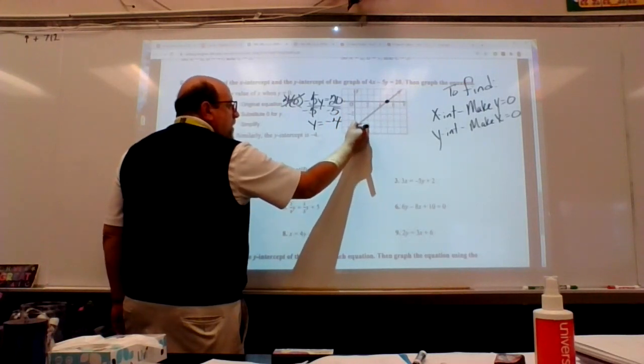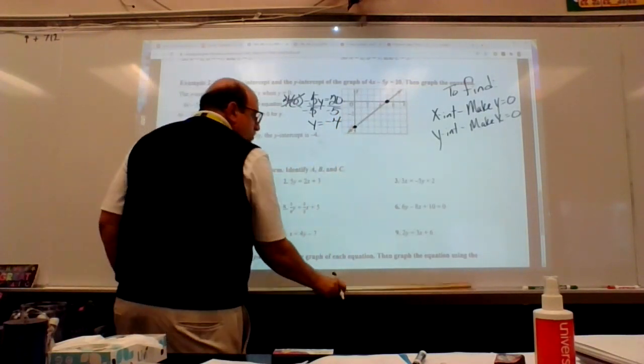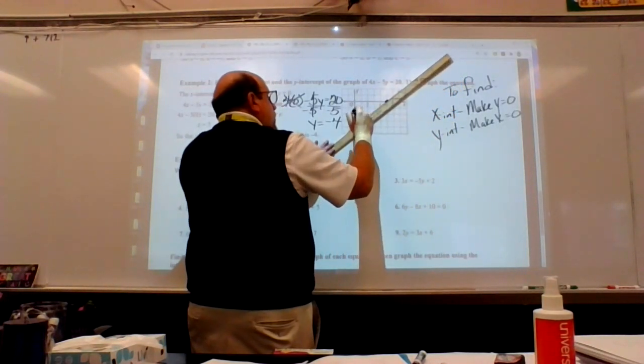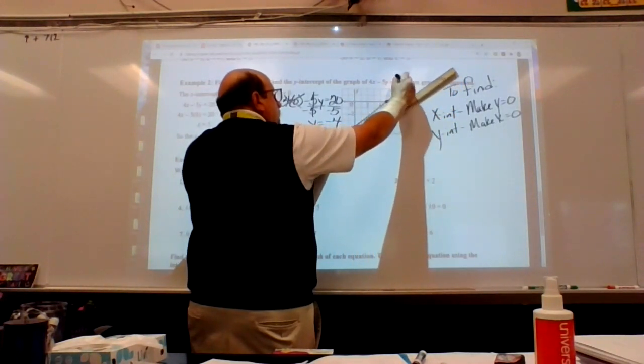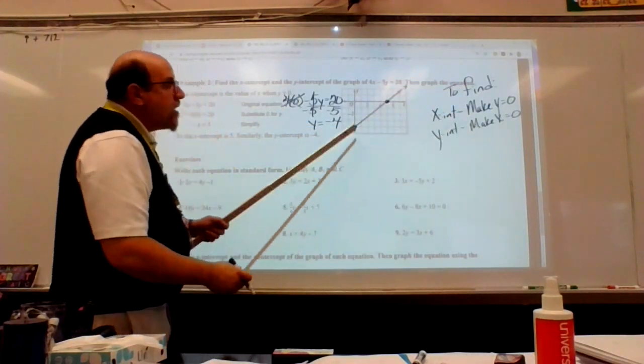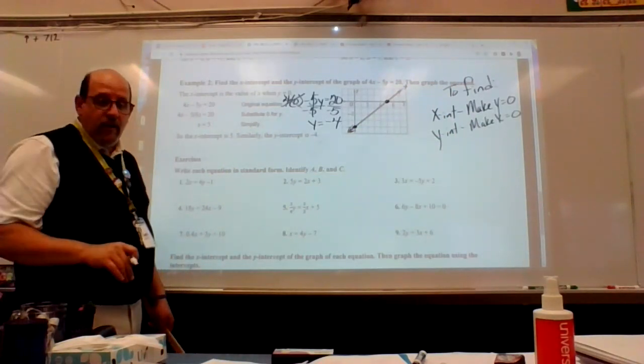There you go, you make your dot at negative 4, you take your straight edge, you put it on your graph, and you go ahead and connect the dots and put arrows on both ends. And there you have it. That's all you have to do.